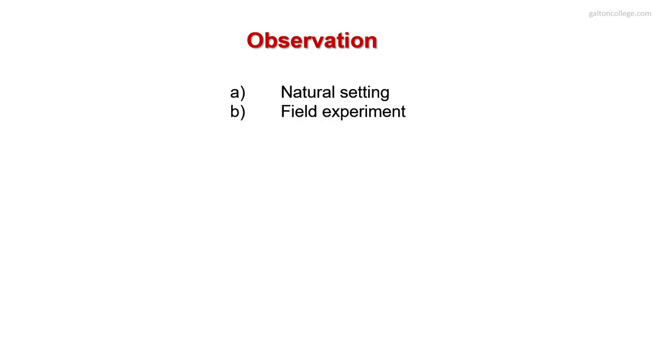We have a prototype of the product. We make some samples, we take them out and ask the customers. We're sampling, but we're getting it firsthand. And we're observing their reaction to the product and even to the questions we're posing. So it's a natural setting and it's a field experiment.